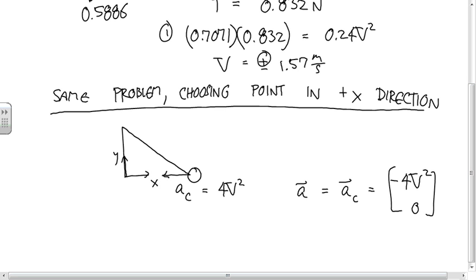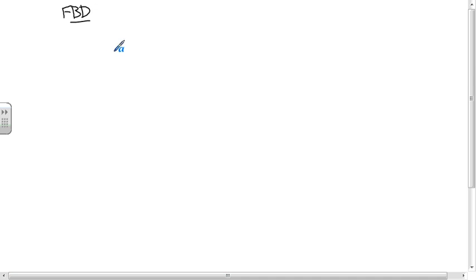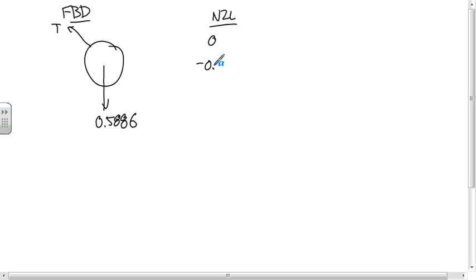And now we can go to the free body diagram. There's the weight of 0.5886. The cable tension now goes this way. So Newton's second law, the weight force is 0, negative 0.5886. What's the angle now for this cable tension force? 135, yep.